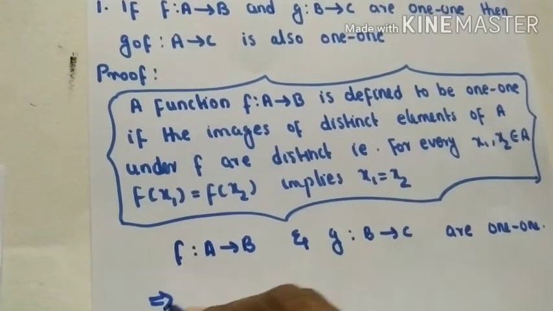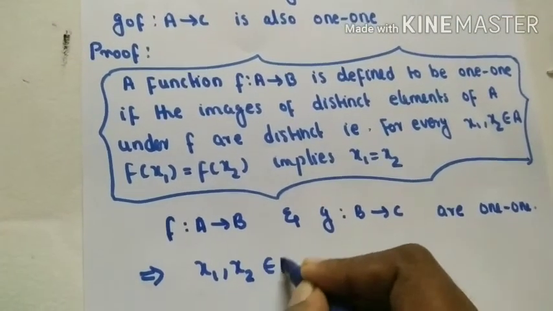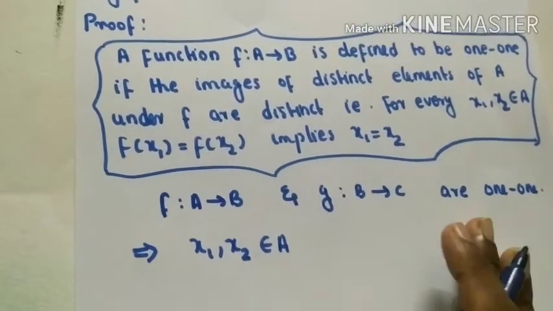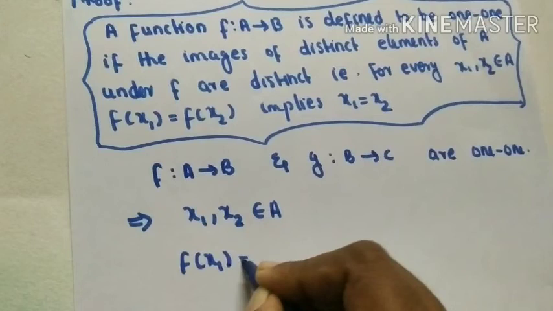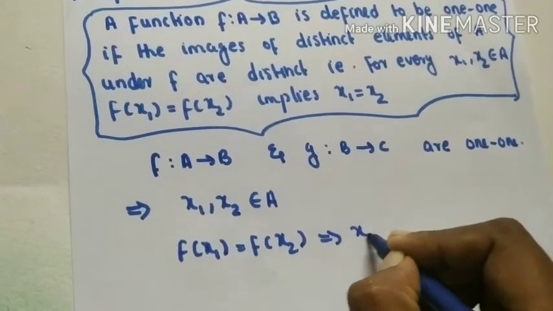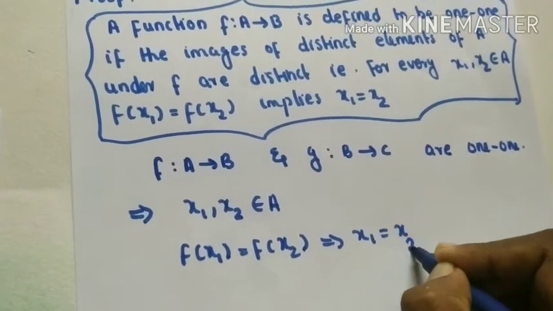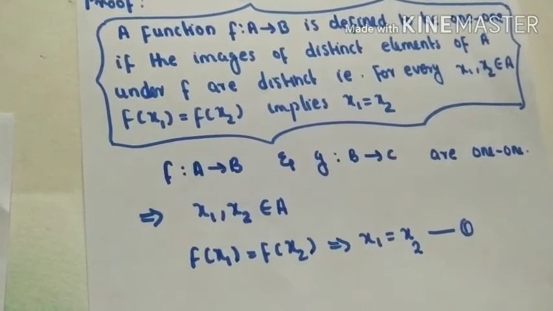Which implies that for every x1, x2 an element of A, we have f of x1 equal to f of x2, which implies that x1 equal to x2. Let's name it as equation number 1.